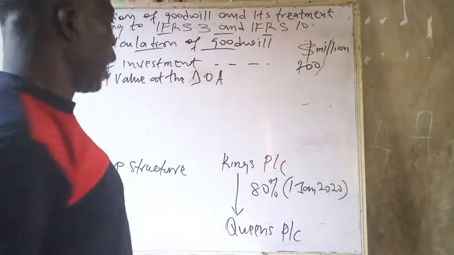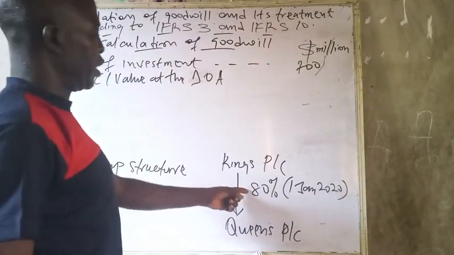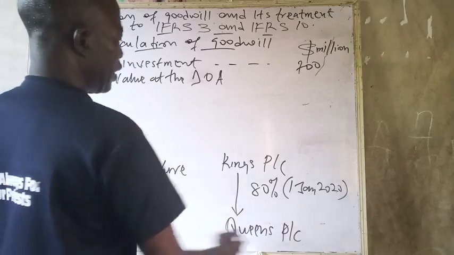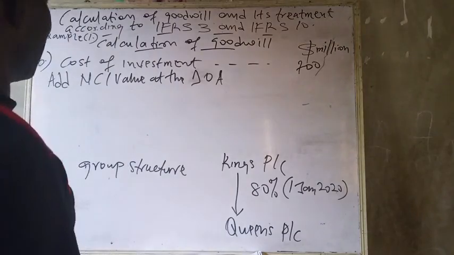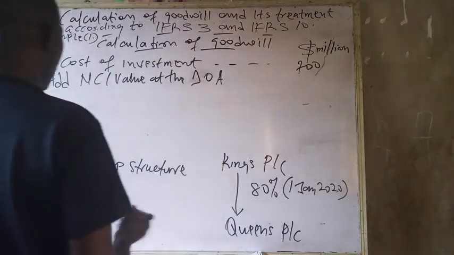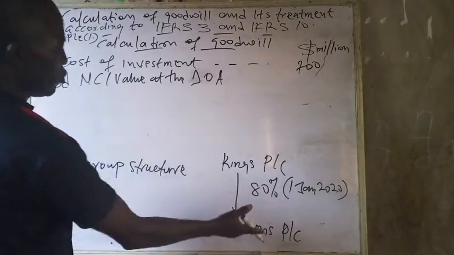It's acquiring 80%. That means the remaining 20% belongs to the non-controlling interest. The controlling interest is 80%, and the remaining 20% is the non-controlling interest, belonging to Queens PLC, the subsidiary company. So the NCI is now 20%.